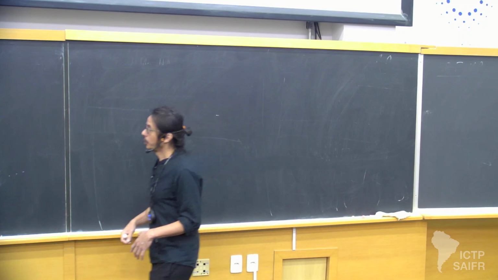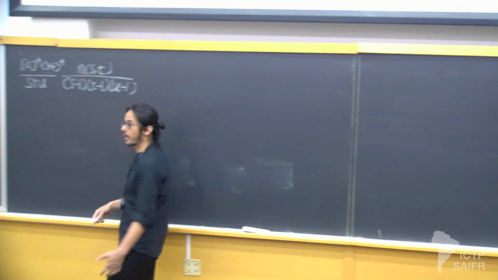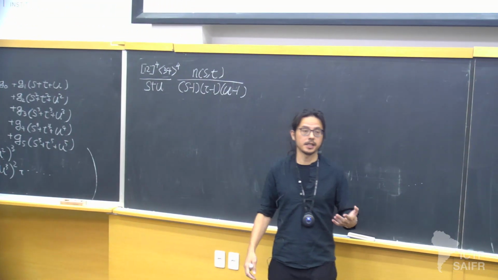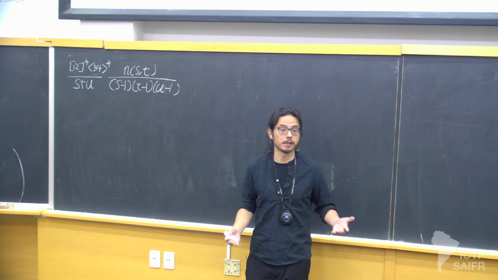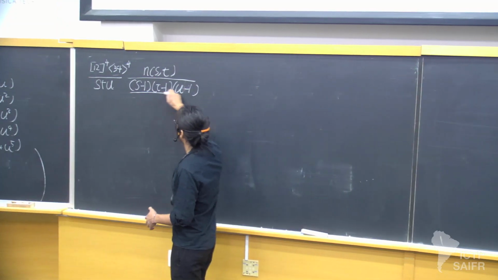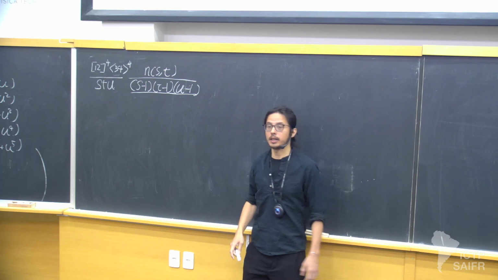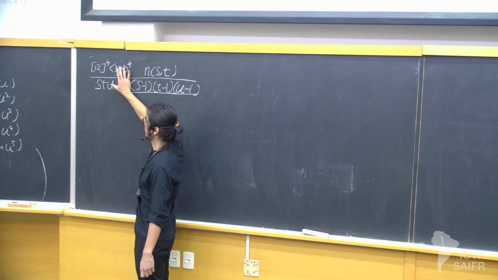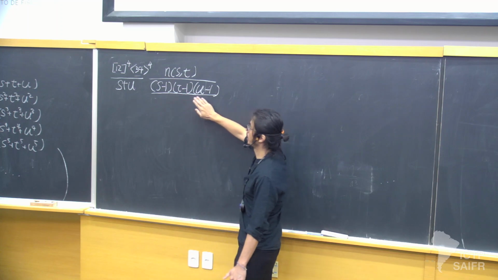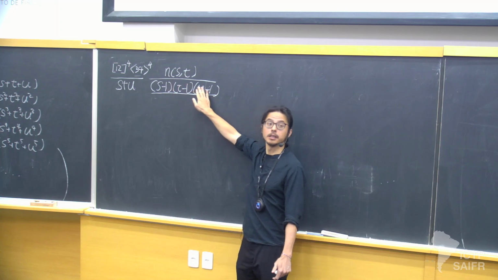Since I have new states propagating, let's say I have a state, whatever the mass is, I'm going to normalize it to 1. It doesn't matter, it's just some scale. Then I need to modify my S matrix. So this is the original tree level part, and I modify my S matrix by adding these massive poles.